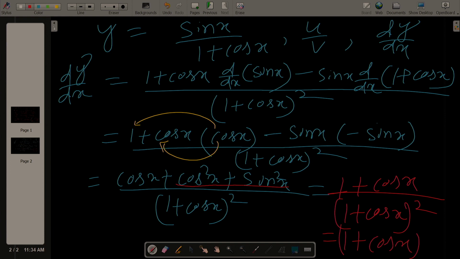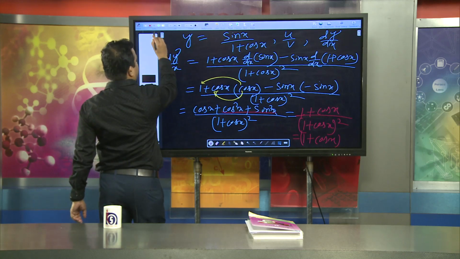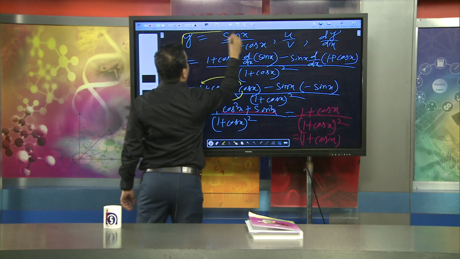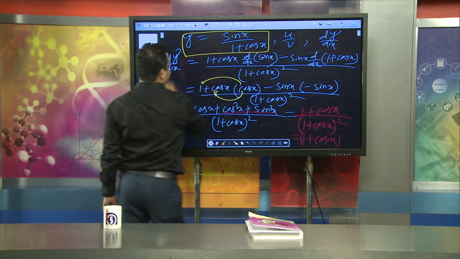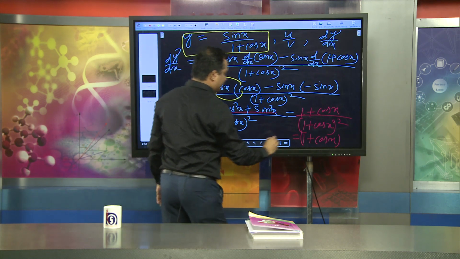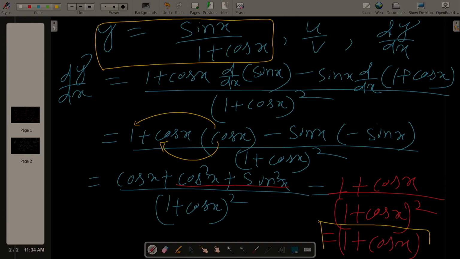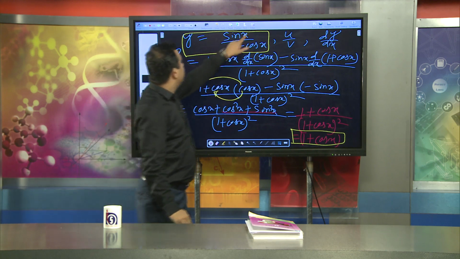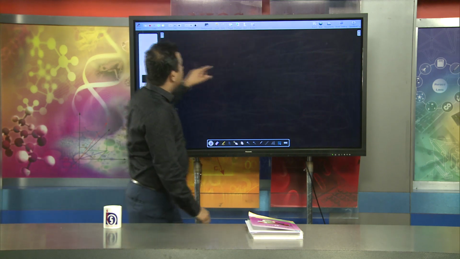This is the result. That means, very simply, if y equal to sin x by 1 plus cos x, then dy by dx is equal to 1 by 1 plus cos x. That is a very important thing. Now we will move to the third example.